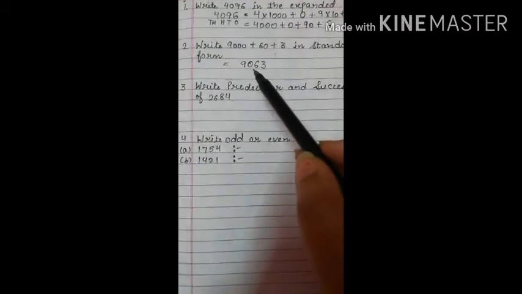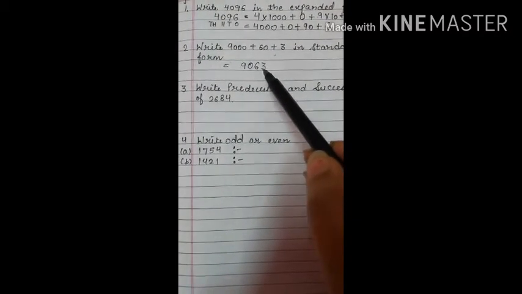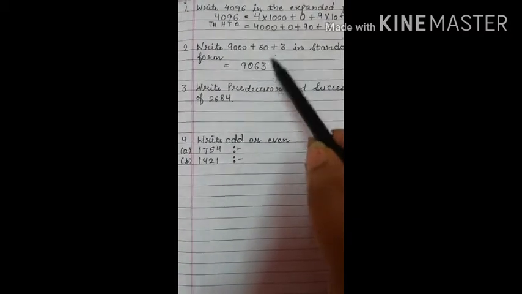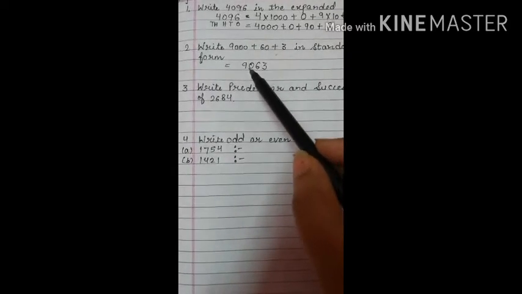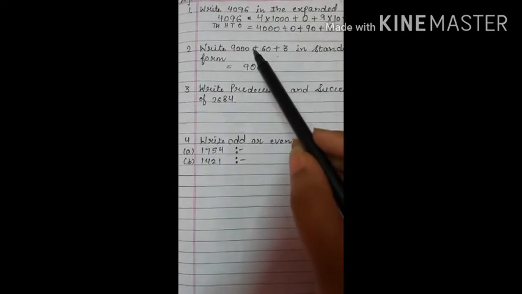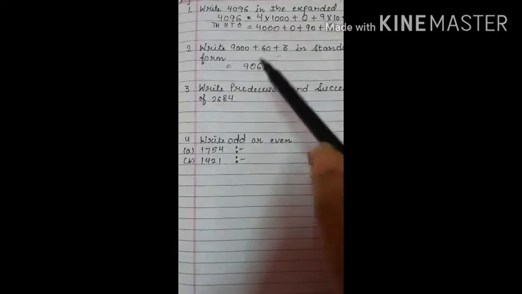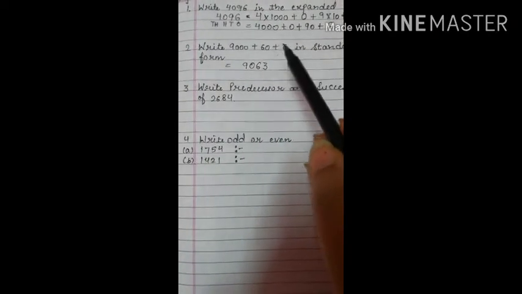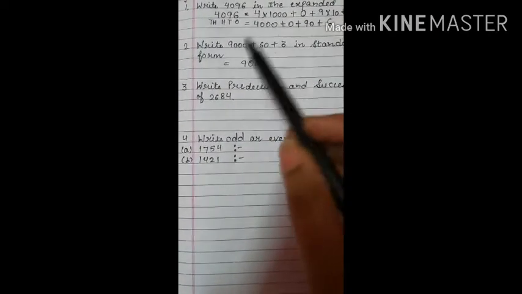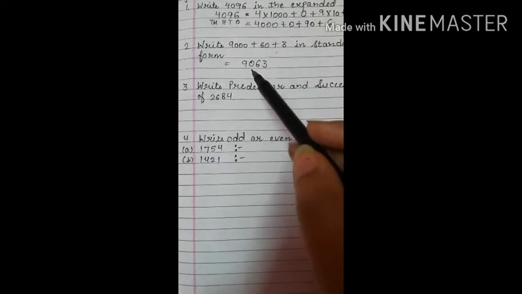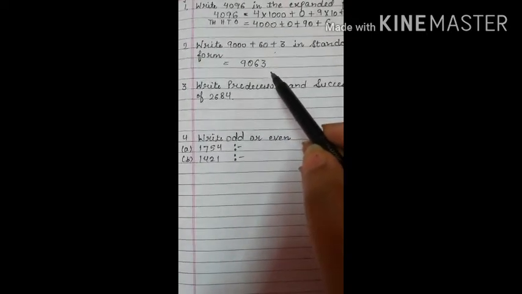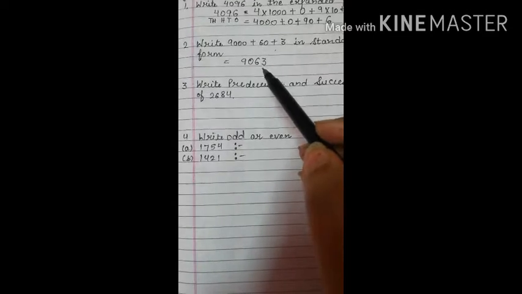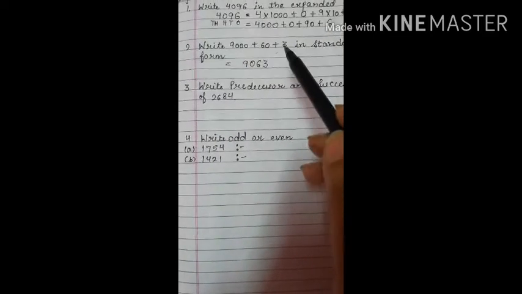9063, right? And you can also check your answer. 3 is at the ones place, 6 is at the tens, 60, 0 because here we don't have 100, and 9 is at the thousands place. That's why after adding all these numbers, my answer is 9063, means this is the standard form of 9000 plus 60 plus 3.